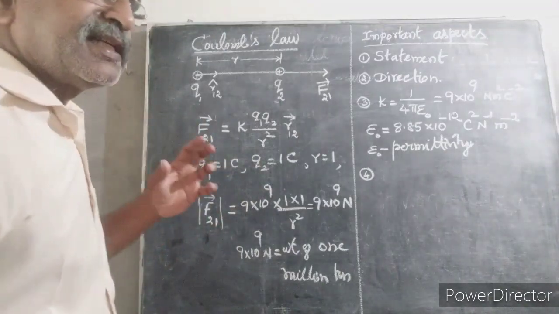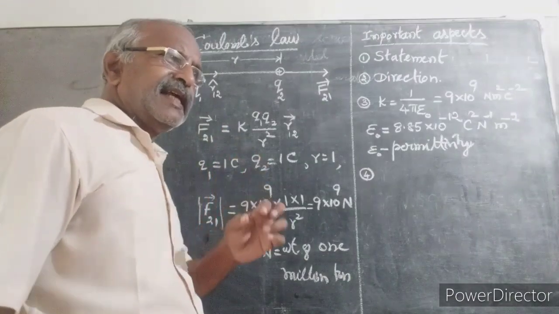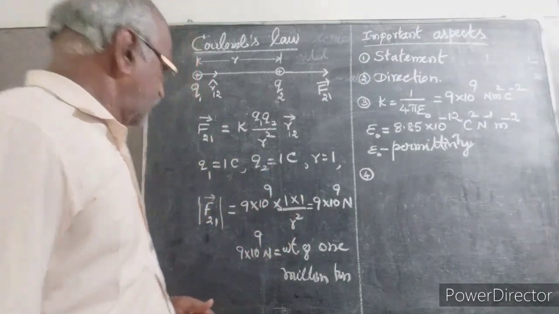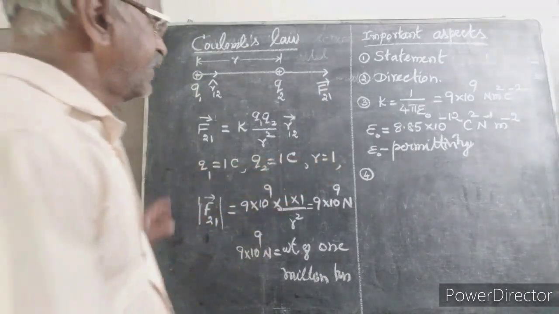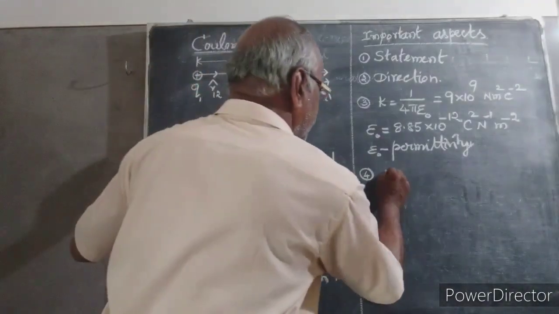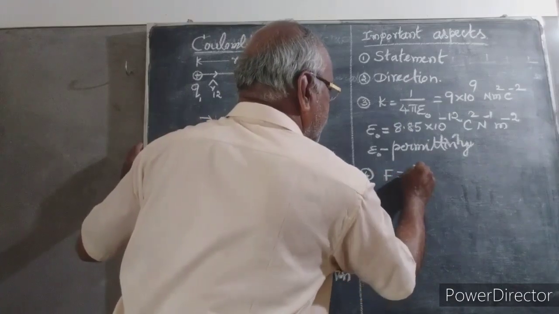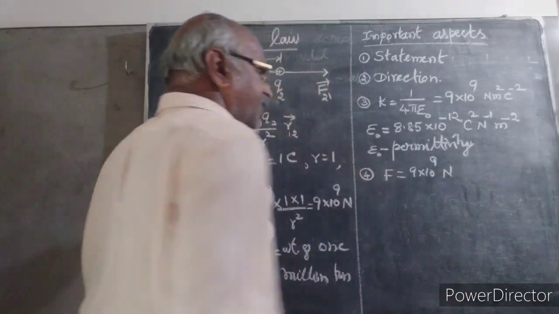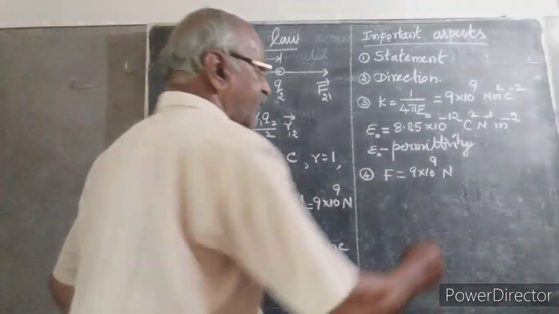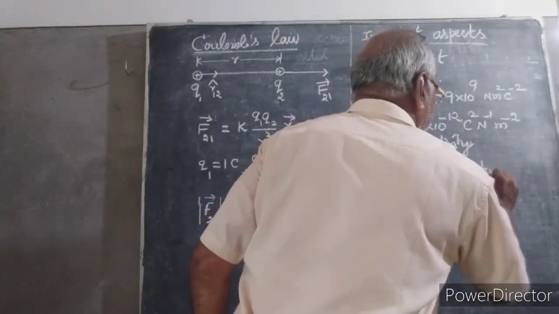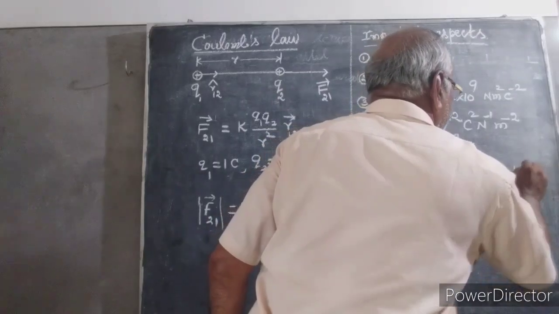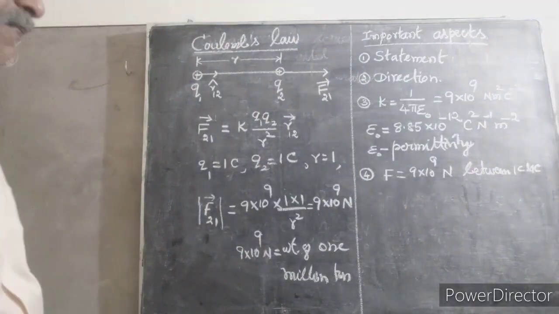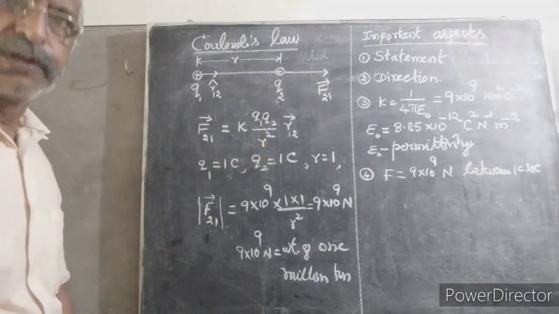So the charges that exist in nature are of the order of micro Coulomb and nano Coulomb. So the fourth property states about the force of the order of 9 into 10 power 9 Newton between 1 Coulomb charges separated by a distance of 1 meter. So this is the fourth aspect.